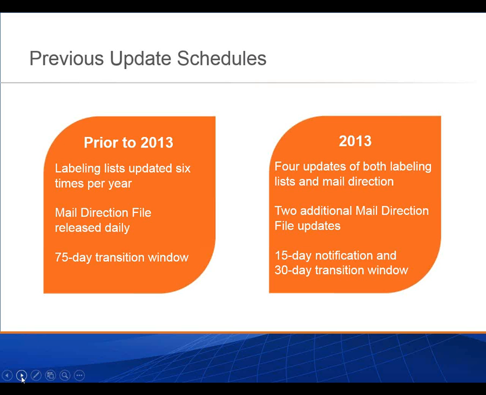And then once that data became available, there was a new 30-day transition window. So essentially what happened in 2013 was that 75-day transition window shrunk down to a 30-day window. So mailers had to be much more aggressive about making sure they were transitioning to the new data.